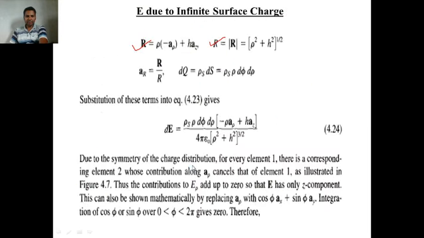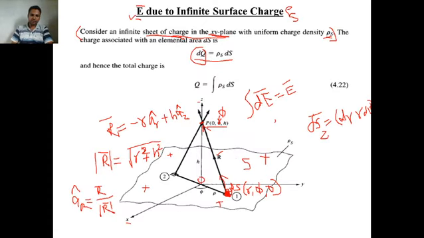Okay. So dE bar is equal to rho s r d phi dr times minus r a r cap plus h a z cap, divided by 4 pi epsilon 0 times (r square plus h square) to the power 3/2. Up to this point we obtained dE bar, because of this differential surface.